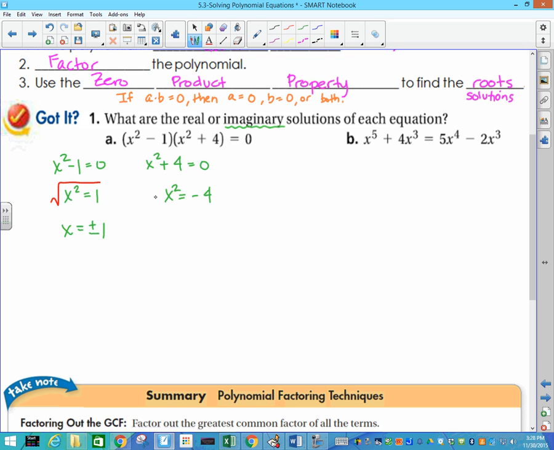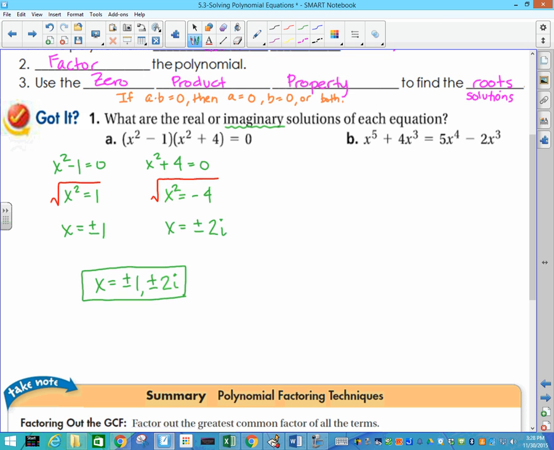And again, I'm going to take the square root of both sides, and I'm going to get that x equals plus or minus. Remember, that's 2, but that negative underneath means I'm going to have an i in my answer. Okay? So my answer is going to be x equals plus or minus 1, plus or minus 2i.